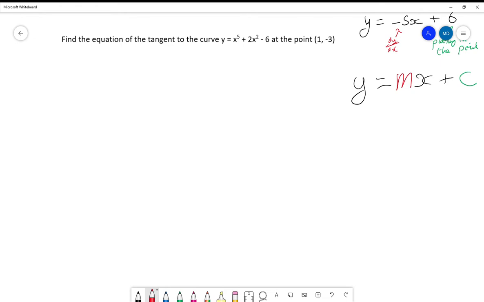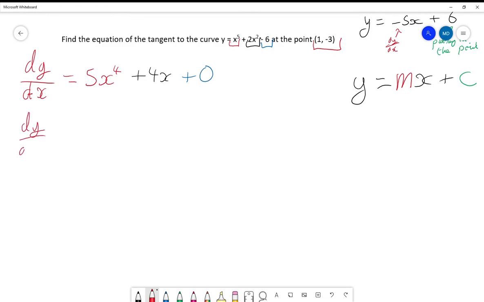So for the gradient, we want dy by dx, and that's going to be equal to 5x to the power of 4 by the power rule, plus 4x, again by the power rule, plus 0, again by the power rule. And then we want to evaluate that at the point we care about, which is 1, negative 3.